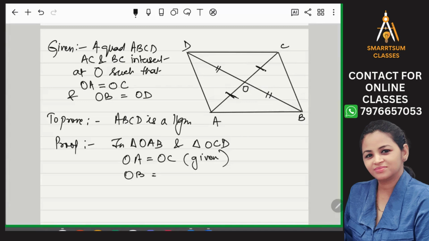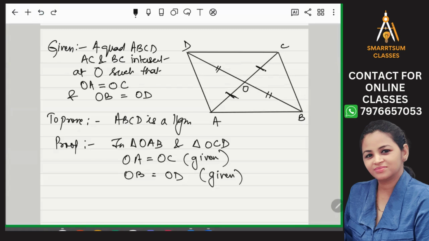OB is equal to OD, so this side is equal to this side. This is also given. So these two sides are already given, and this angle is equal to this angle. Yes or no? Why? They are vertically opposite angles. When two lines intersect each other, vertically opposite angles are equal. This we already know.